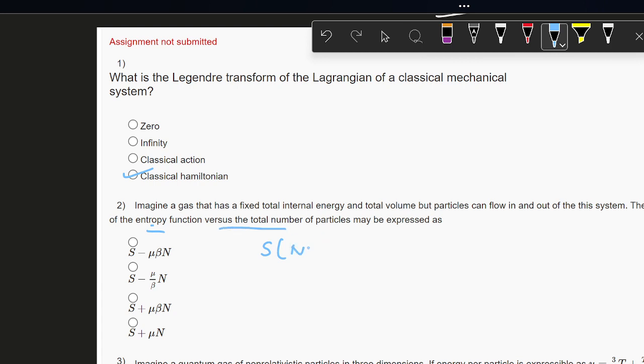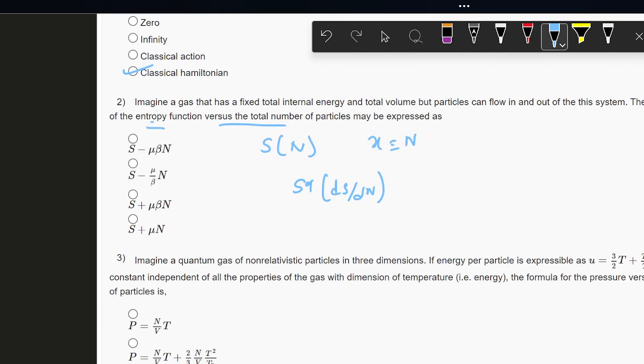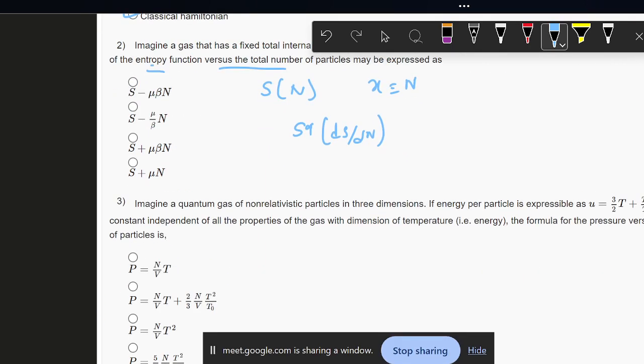That means your independent variable that needs to be changed here is N. So basically your x is N here, and you have to take a Legendre transform of entropy to some other variable, so that it is dS by dN. So just do the same thing by yourself, use the general definition of the Legendre transform, and by simplifying you will reach one of these expressions. Okay, so I'll not solve it any further.